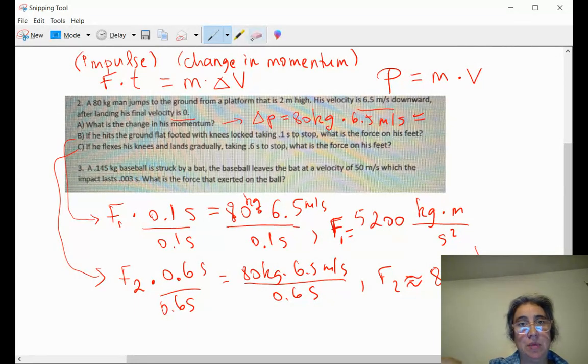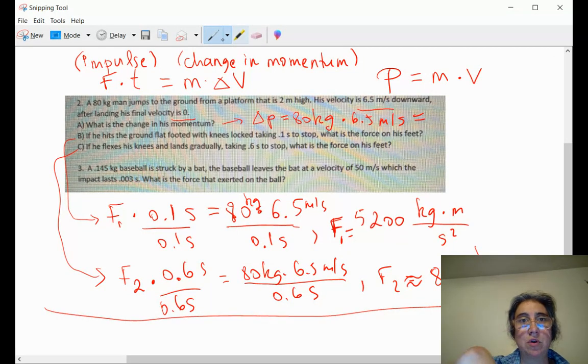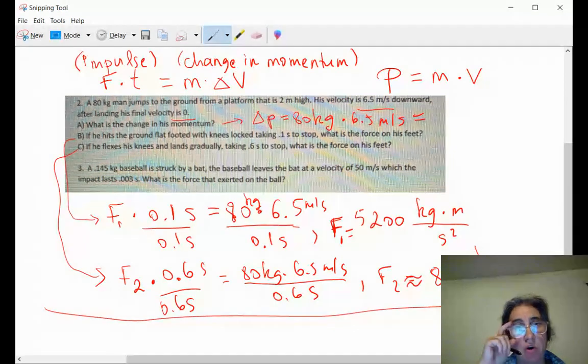to set this up. Let me see, maybe I have some room on the bottom, change the color. In this case scenario, we start off with an initial mass of 0.145, and we have an initial velocity of 50.